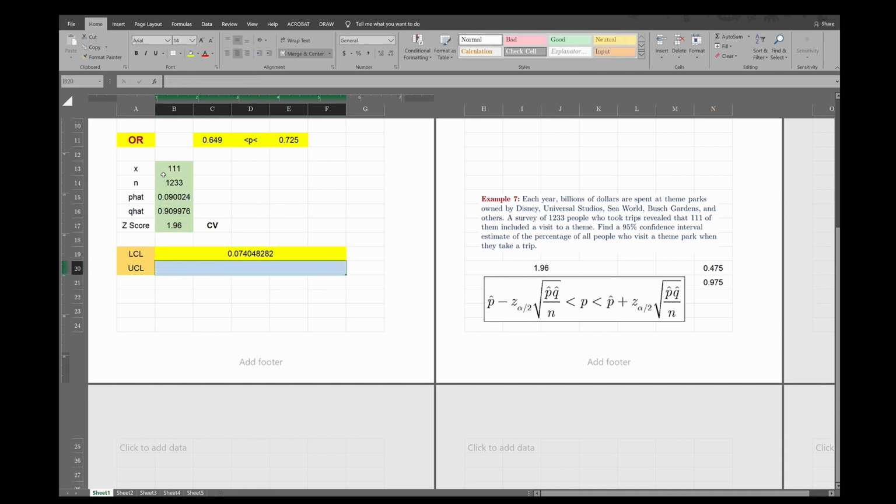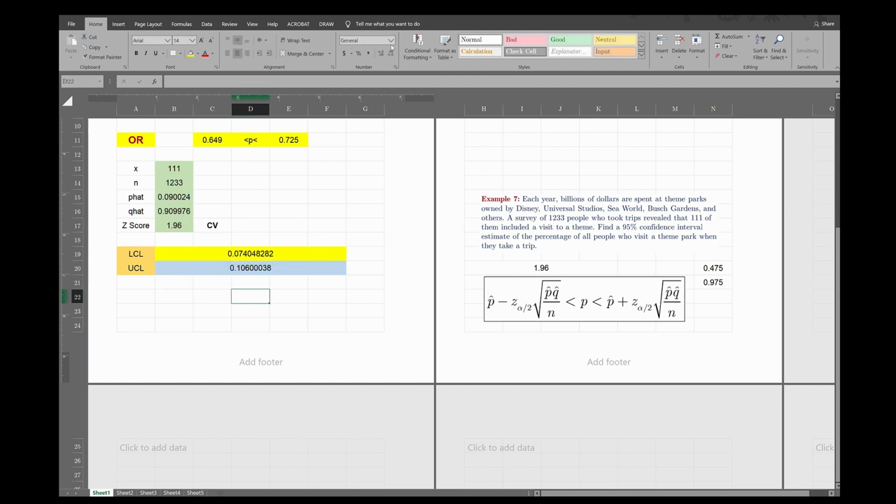And the other side will be again p hat plus the z-value times the square root of p hat times q hat over n, and that will be the right-hand side.